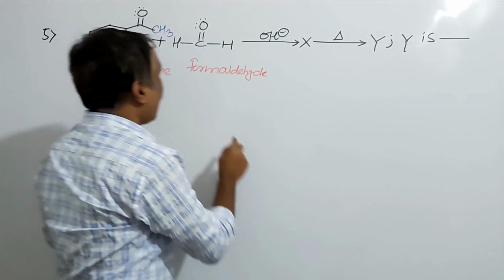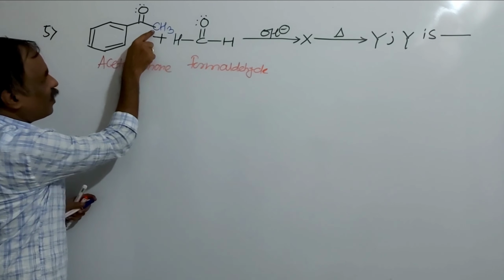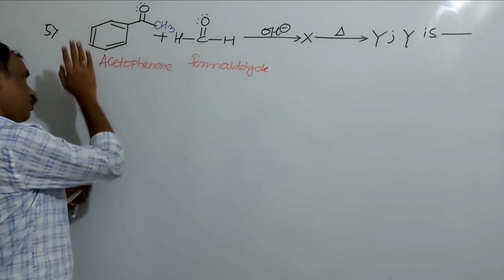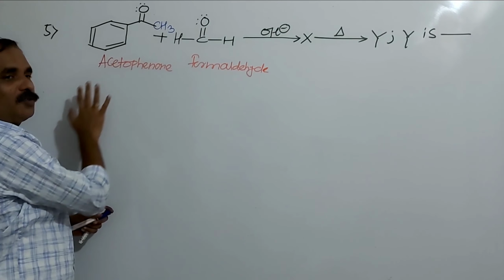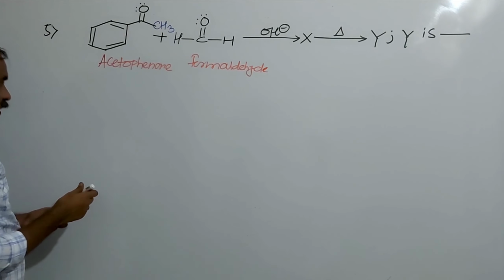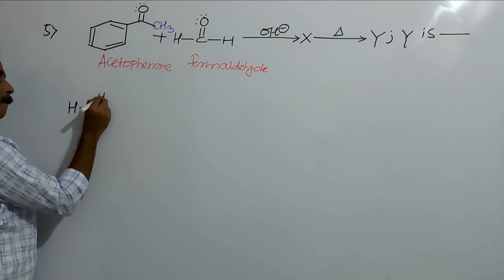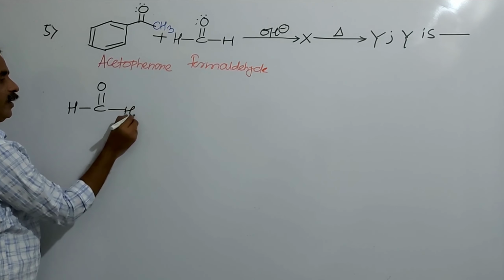Formation of carbanion will take place from this alpha carbon. So first here we have to write an aldehyde without any alpha hydrogen atom. So first I will write formaldehyde.